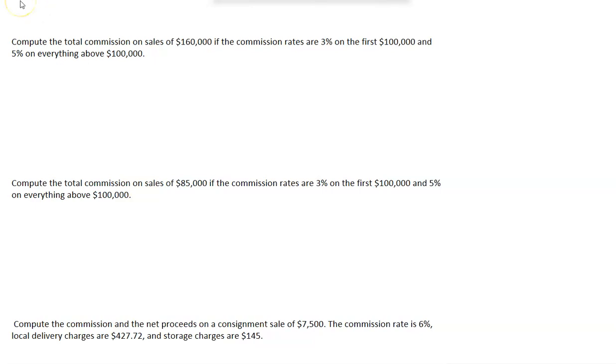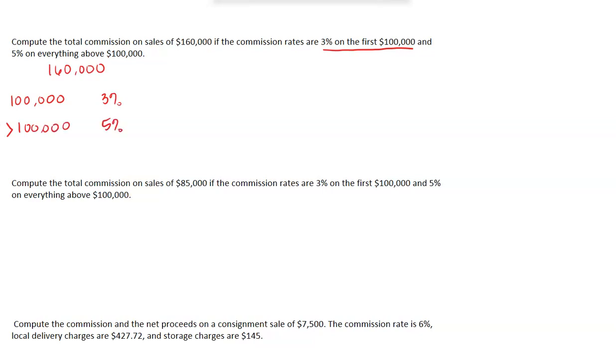And so let's say that they have total sales of $160,000 and they get 3% on the first $100,000. And 5% on everything over $100,000.